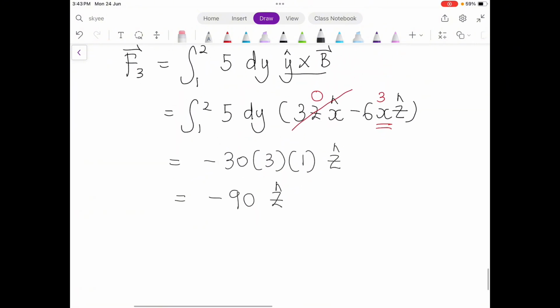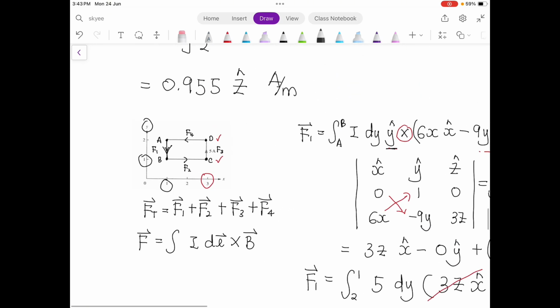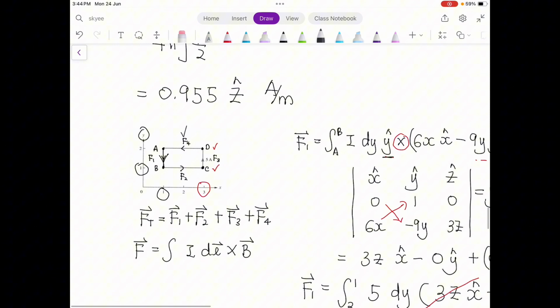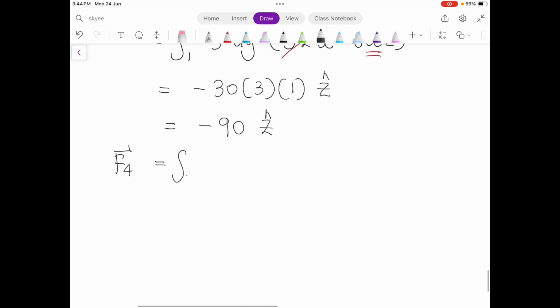Okay, and lastly is the F4. So for the F4, you integrate the length. F4 is here. Integrate from 3 to 1 at the position y equals 2.